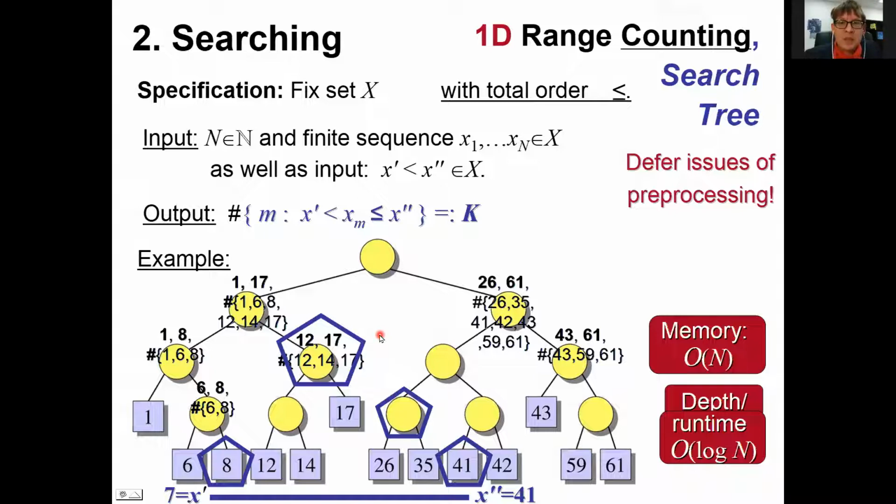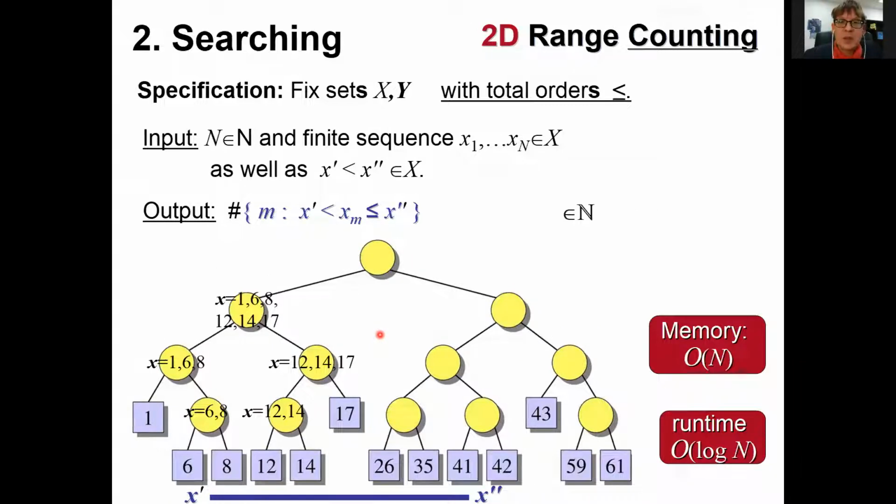And the reason we introduced it is because that one generalizes to 2 dimensions. But first, I need to specify the 2-dimensional version of the problem. So here's the 1-dimensional version for your memory. And the 2-dimensional version considers not a finite sequence of elements in a totally ordered set, but it considers 2 totally ordered sets and their Cartesian product.